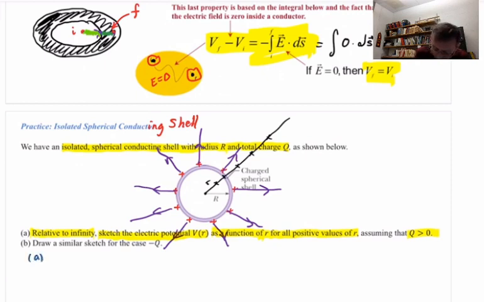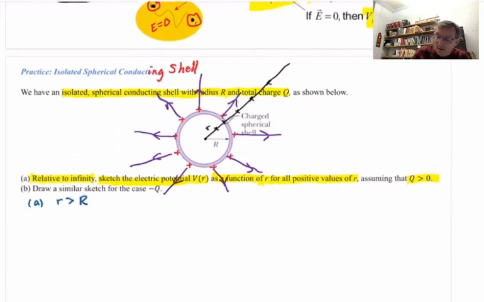Well, the first thing I'm going to consider is outside the shell. Notice that would mean that little r is greater than big R. If you're outside the shell, probably the easiest thing to do is just use the shell theorem and collapse the shell to a point with all the charge big Q at the very center, and the electric potential for a point particle is easy to write down.